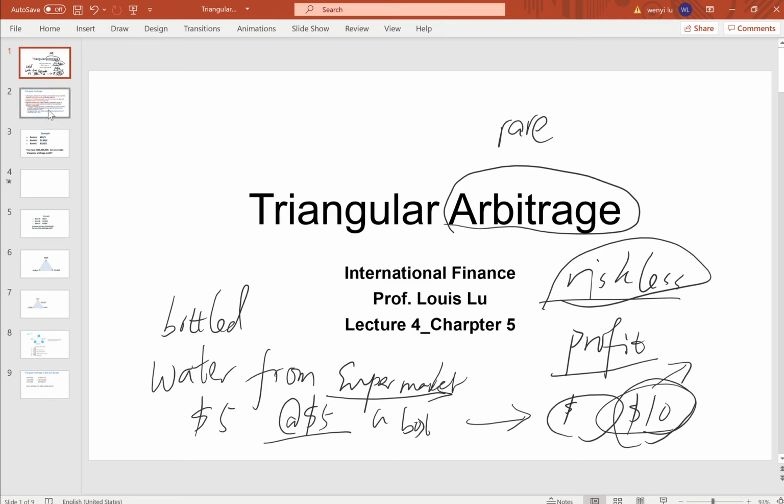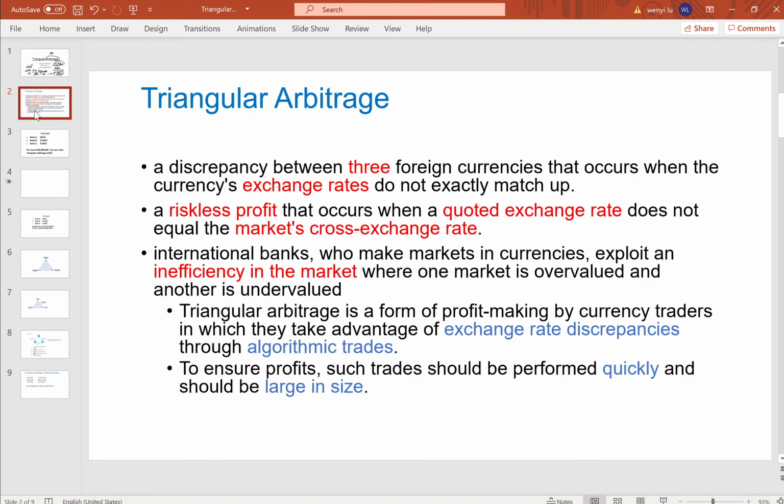So how we can use arbitrage in the foreign exchange markets is the topic we try to study in this video. And we have triangular arbitrage. So let's define what triangular arbitrage is. Triangular means there are three foreign currencies. For each two of the currencies, we have an exchange rate, but these exchange rates are not exactly matched up.